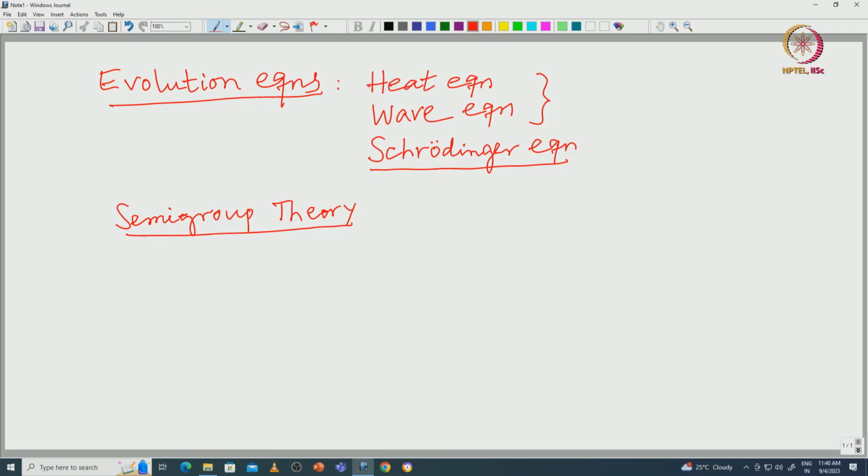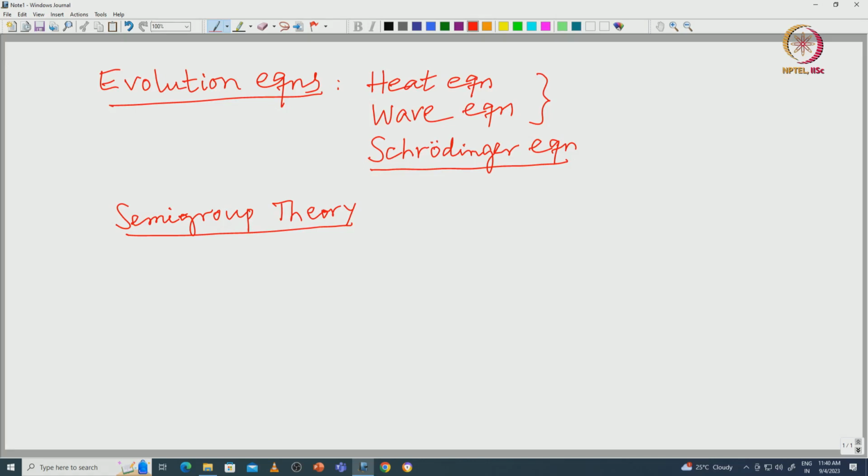And this semigroup theory has certainly played a role in unifying many of the PDEs, but nowadays it also plays an important role in other branches of mathematics, for example in control theory, probability, etc. There is also some nonlinear version of this semigroup theory, so we can also tackle nonlinear equations.